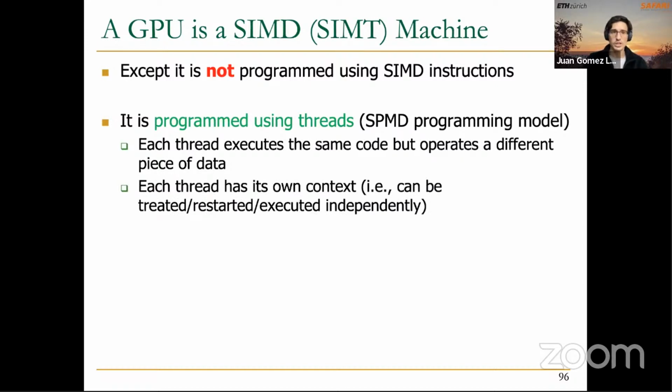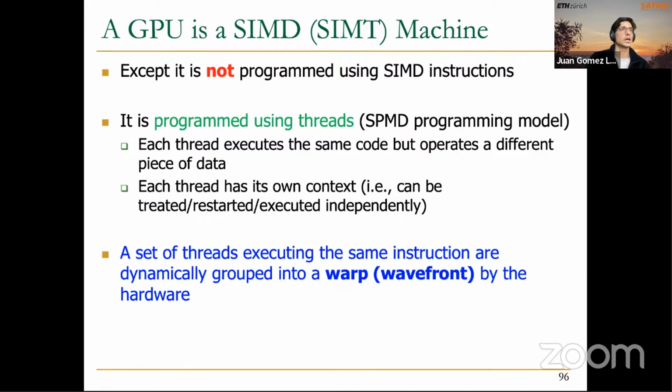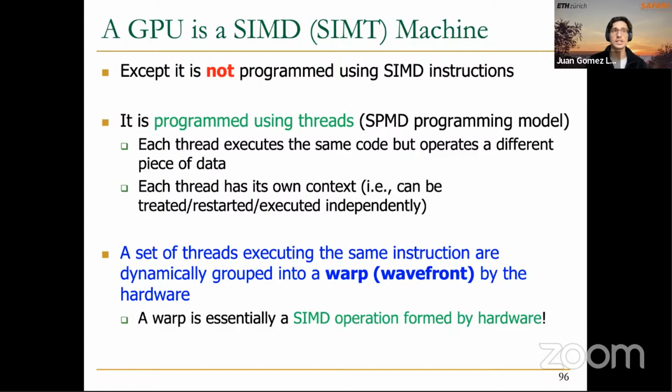It might be started or paused or restarted independently, but the hardware is going to dynamically group the threads executing the same instruction to form something called a warp or a wavefront in the GPU terminology. And this warp or wavefront is essentially a SIMD operation formed by the hardware.